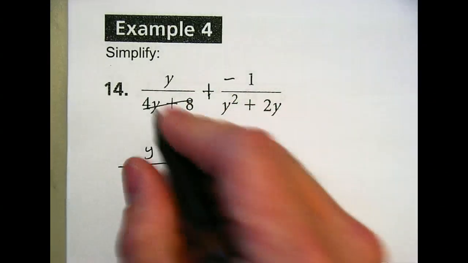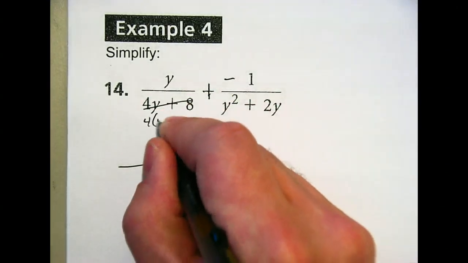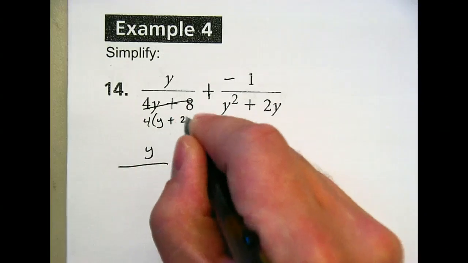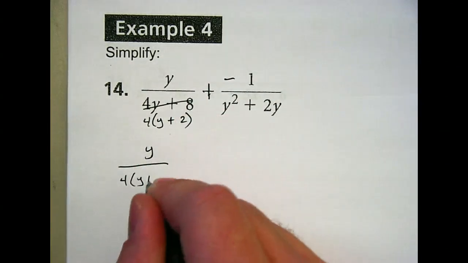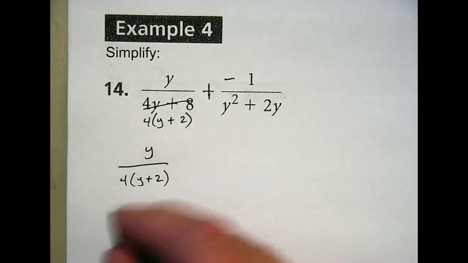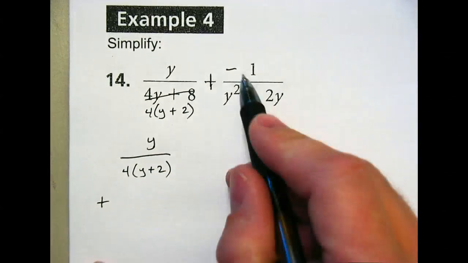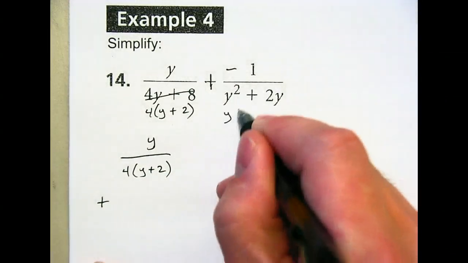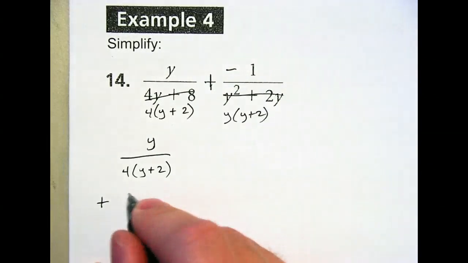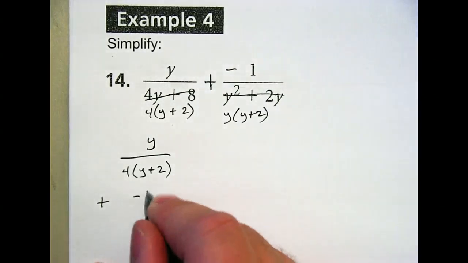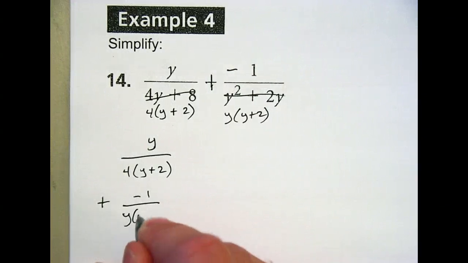Let's factor that. That's 4 times y plus 2. And we're adding that to, well, let's factor this. This is y times y plus 2. So we're adding it to negative 1 over y times y plus 2.